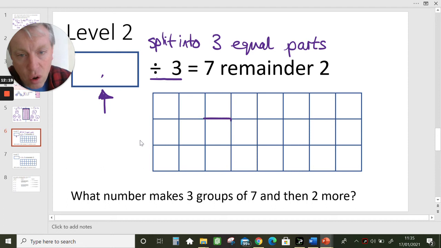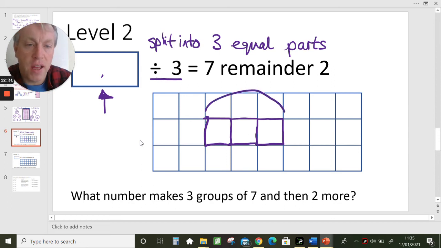I'm going to draw 1, 2, 3 parts. So this here is my mystery number. It's in 3 parts. And what do I know about the parts? Well, I know the whole number divided by 3 has 7 in each part. 7, 7 and 7. But there's a remainder of 2.